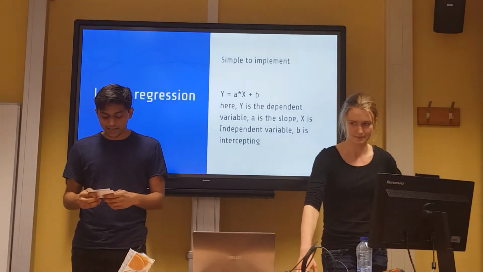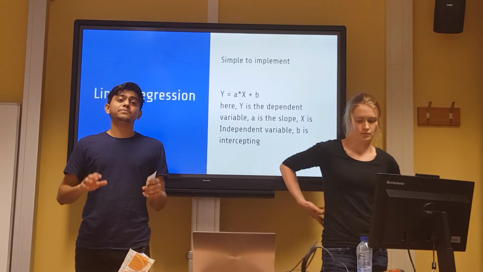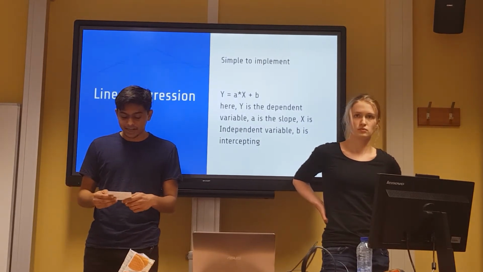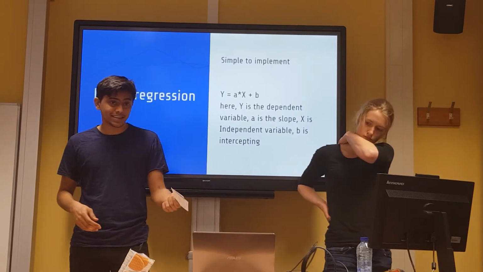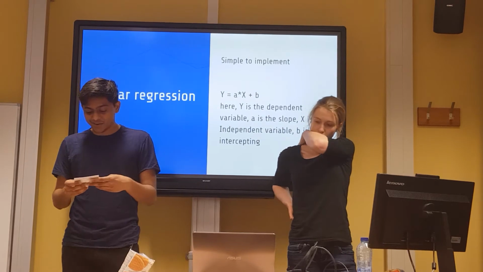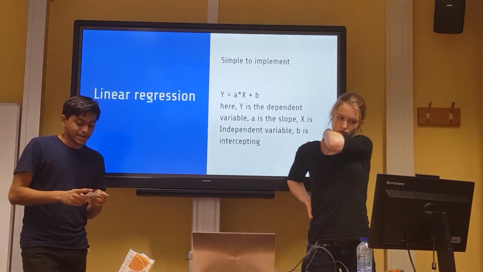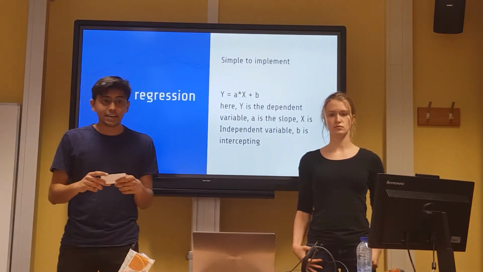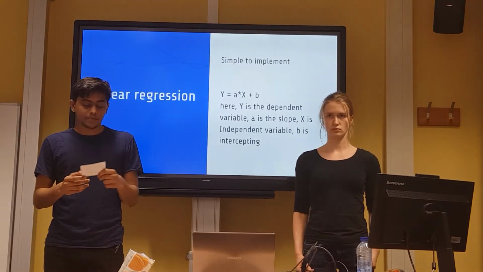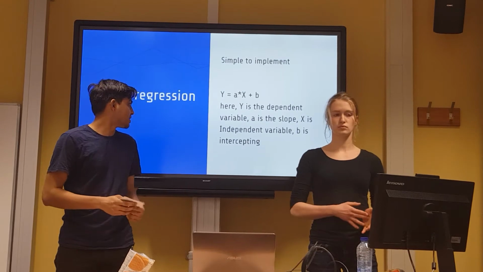Then we have linear regression. This is by far the simplest and most widely used machine learning technique. Even we tried it ourselves, and it works surprisingly well. Basically it gives you a relation between a dependent and an independent variable. What do I mean by that?